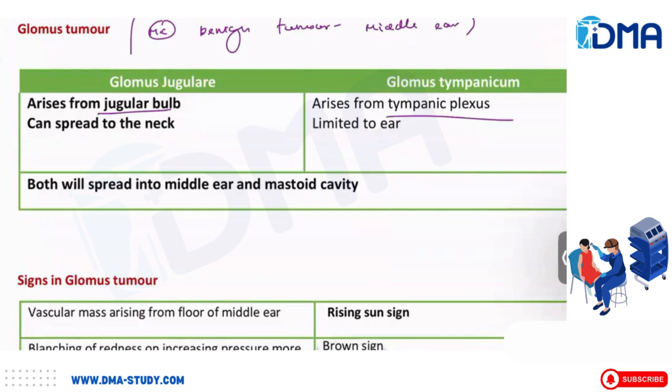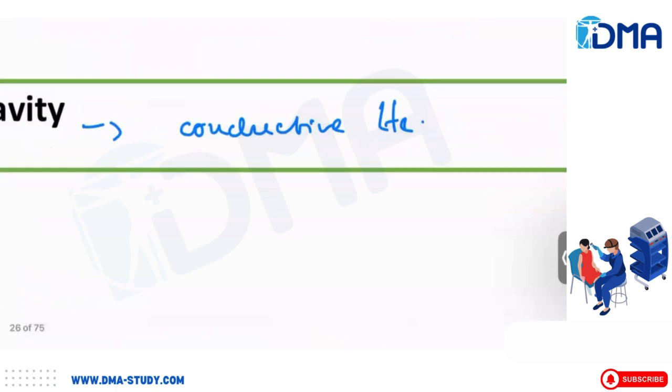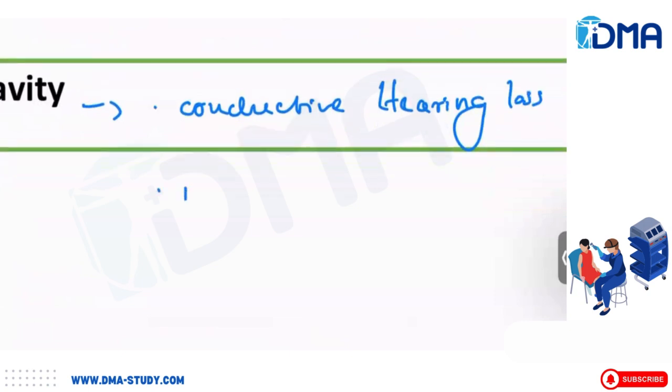Both will spread into the middle ear and mastoid cavity and will cause conductive hearing loss, or bleeding from the ears.